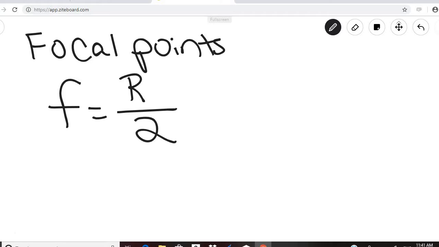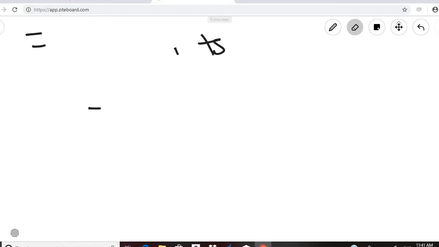And so spherical mirrors are a good enough approximation that we can use them instead of a parabolic mirror, and we can still basically get the same effect. Okay, so the focal point is the radius of curvature divided by 2, half of the radius of curvature of the spherical mirror.